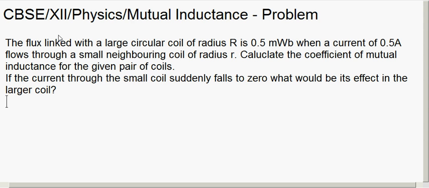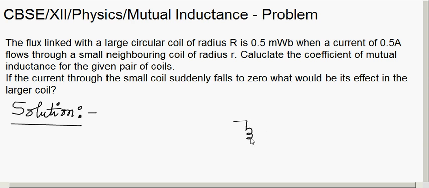Now first we will try to understand what is given here. We are given two coils of different radii. One small coil has radius r1 and we have another coil of bigger radius.